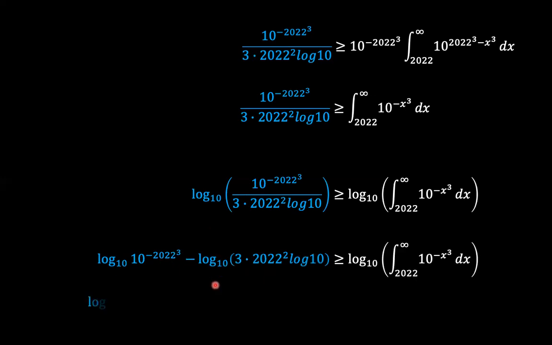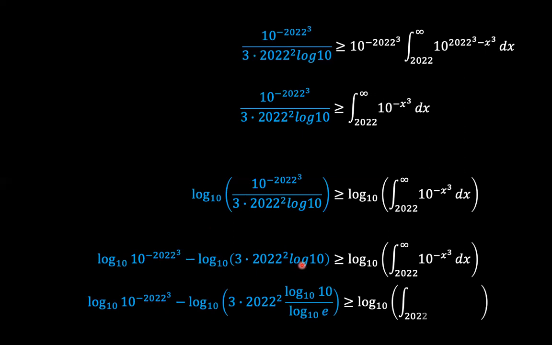And now we can go further to simplify these. Log 10 of 10 to the power negative 2022 cubed minus log 10 of 3 times 2022 squared times log 10. And then this is natural logarithm, so we have log to the base 10 of 10 over log to the base 10 of e. So log 10 of 10 is 1, and so we just have log 10 of this part minus log 10 of this denominator here.